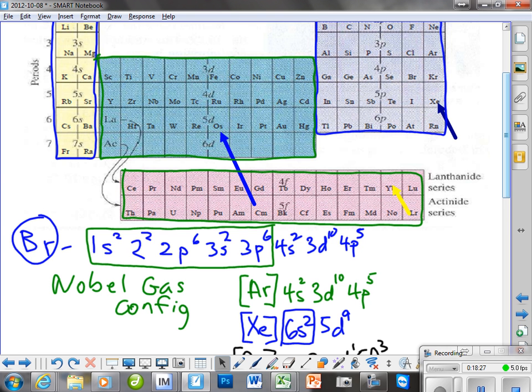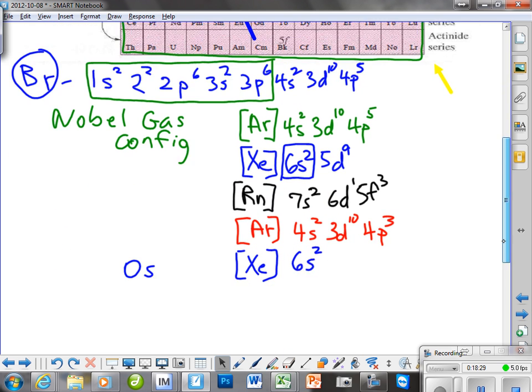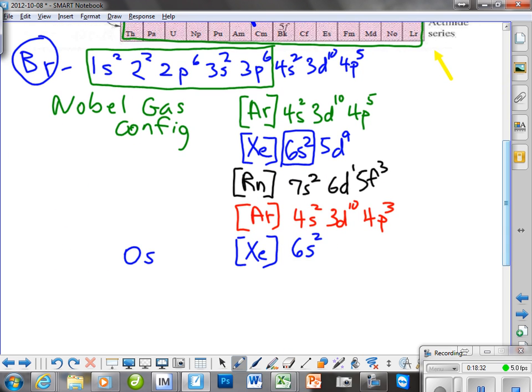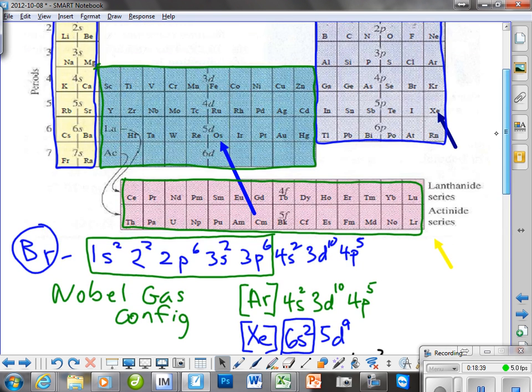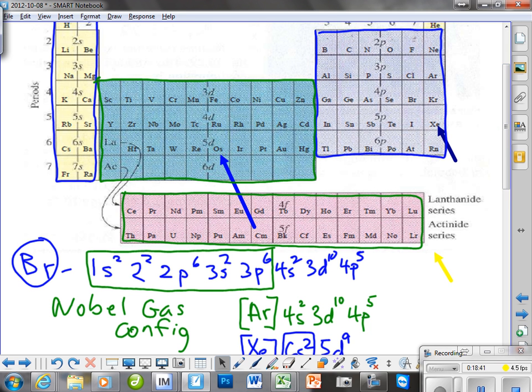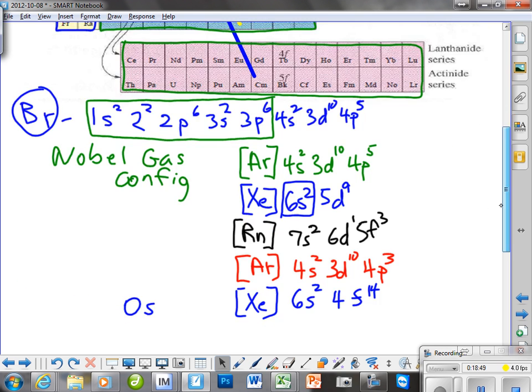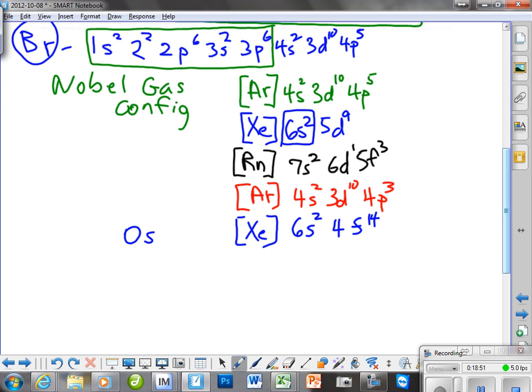So we're going to call this 4f what? 4f14. And now we complete our D's. As we look at the D's, we're starting at lanthanum: 1, 2, 3, 4, 5, 6. So we call that 5d6.